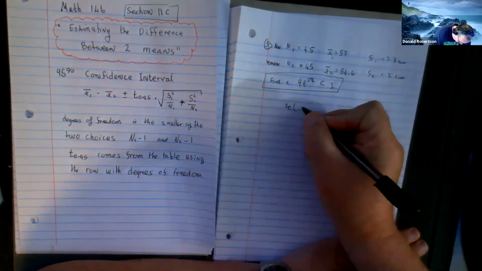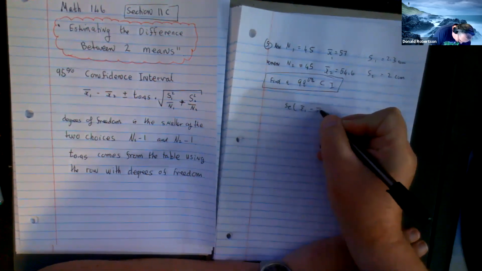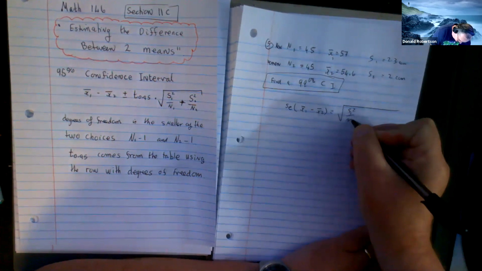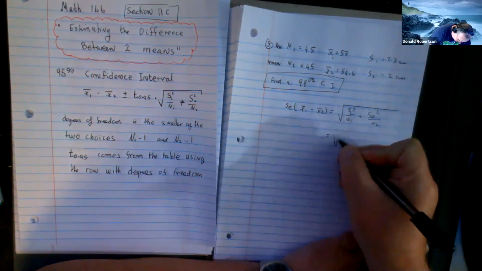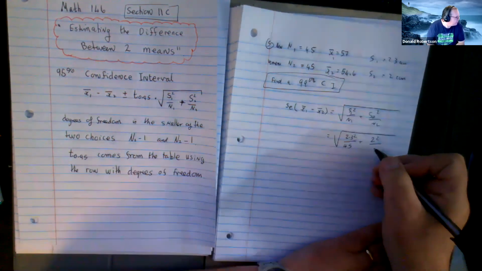We shall see. Okay, so I want to calculate the standard error. So it's this guy: the square root of 2.3 squared over 45 plus 2 squared over 45. Are they both 45? Oh, good. They are both 45. That's fine.